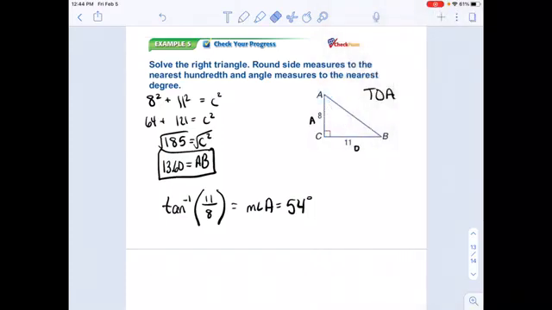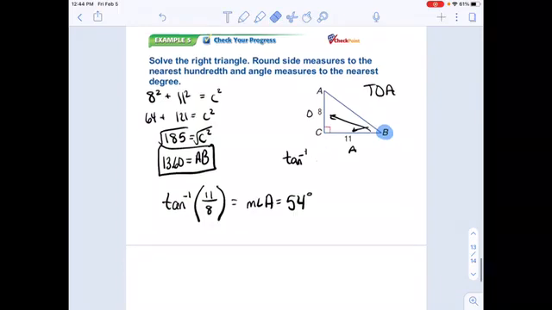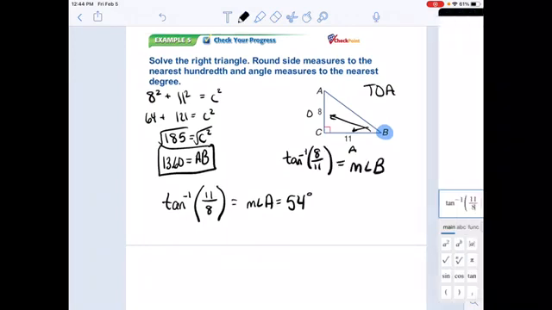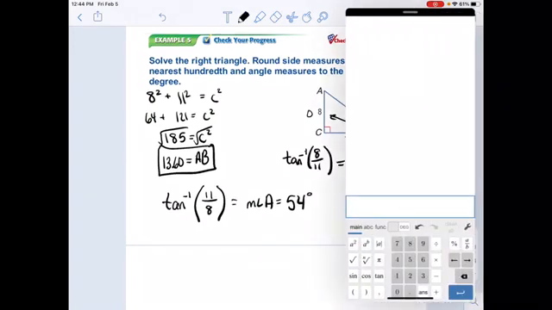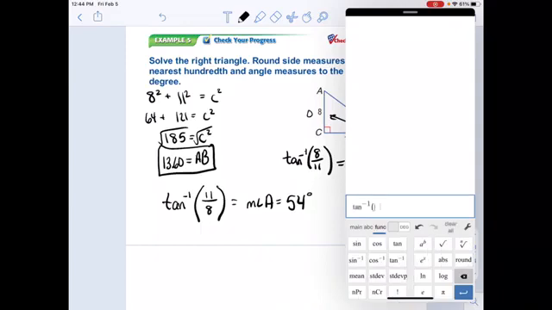That means if we find the measure of angle B, new perspective, our opposite and our adjacent switch places, still using inverse tangent. Inverse tangent of 8/11 will equal the measure of angle B. There we go, that's more like it.